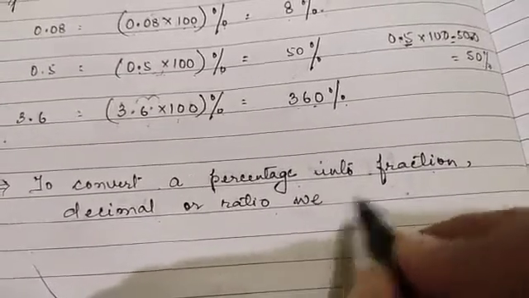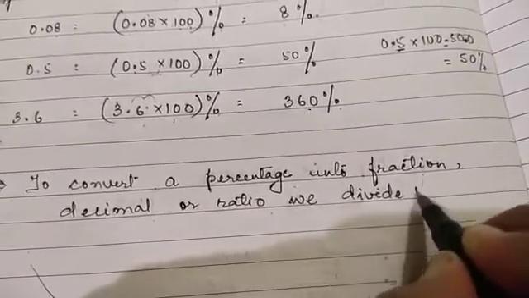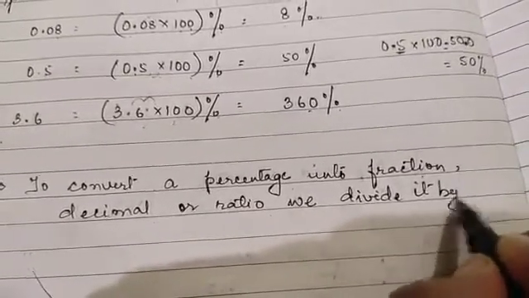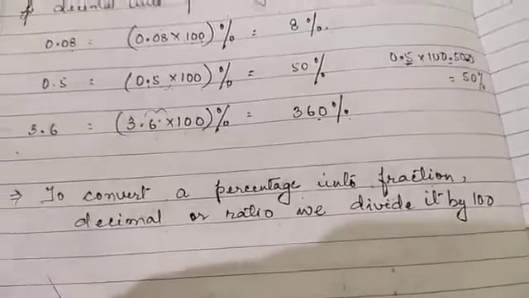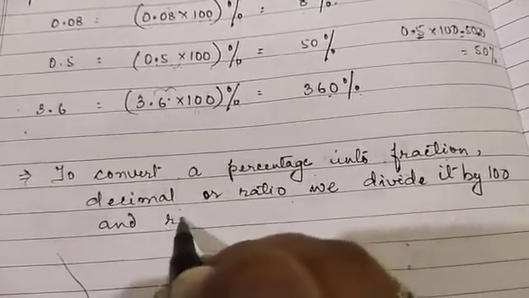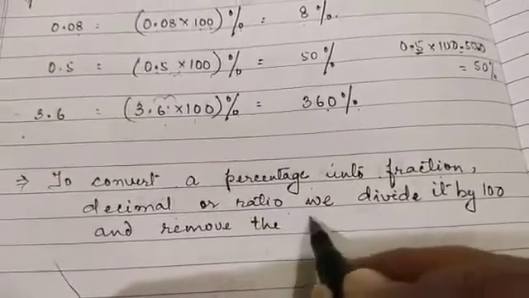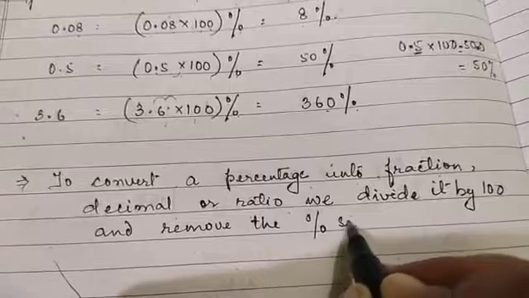We divide it by 100, and remove the percentage sign.